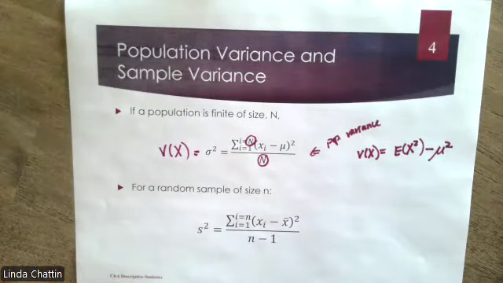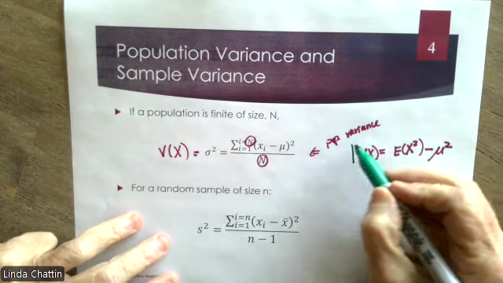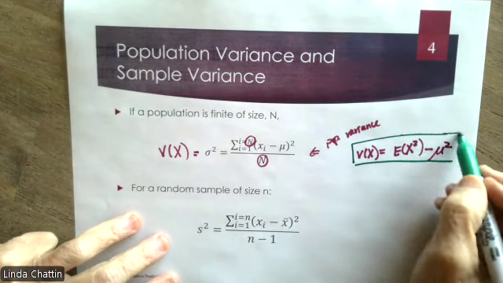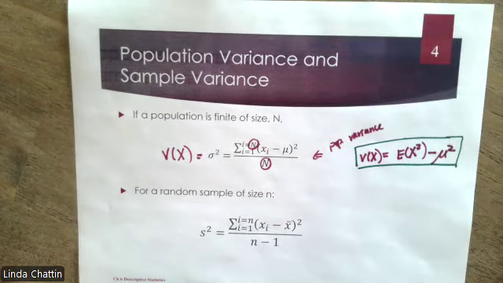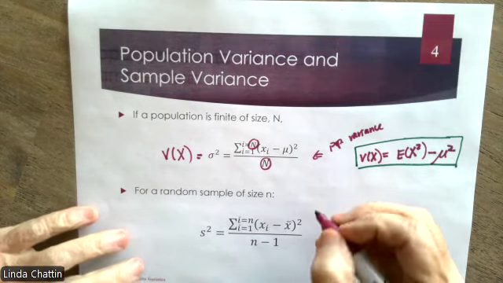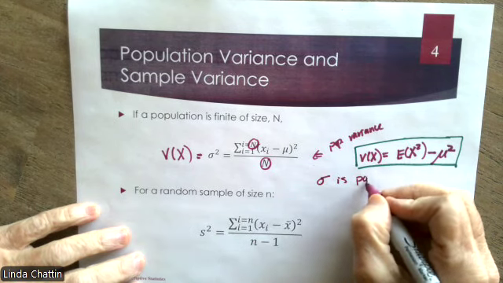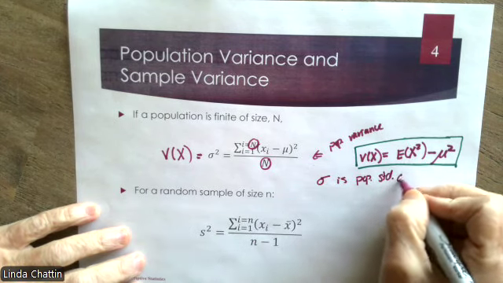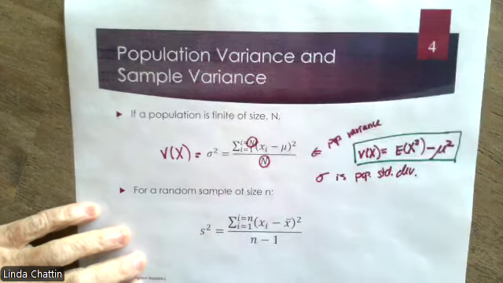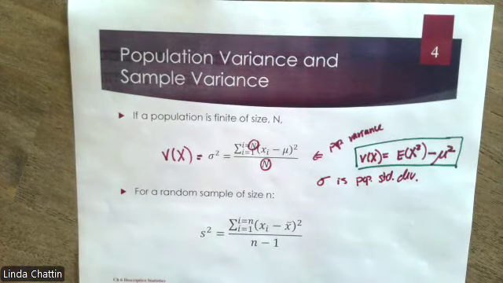So again, a reminder that this is the best formula to use if you have to compute the variance of a random variable. And if I wanted to get the population standard deviation, sigma is the population standard deviation, and we already know that we can get that just by taking the square root of the population variance.